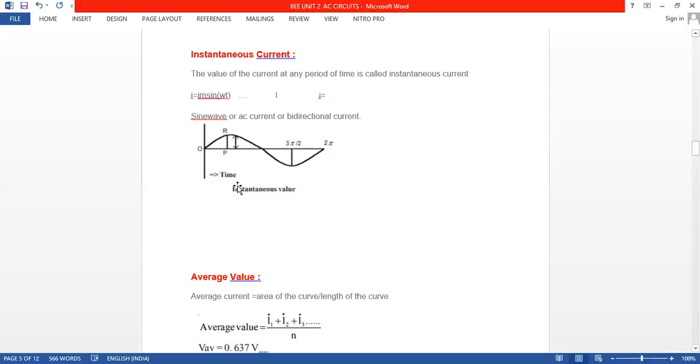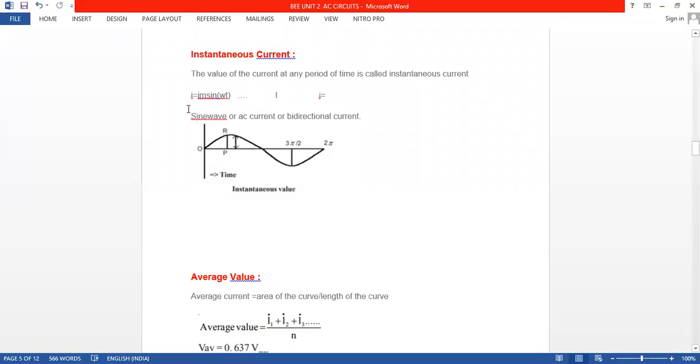So all the engineers use the word AC current as it is changing with time and it is flowing in two different directions, bidirectional current. And for engineering calculations, we call it a wave because it is continuously, 24/7, flowing through the wire, so that current can also be called a wave.